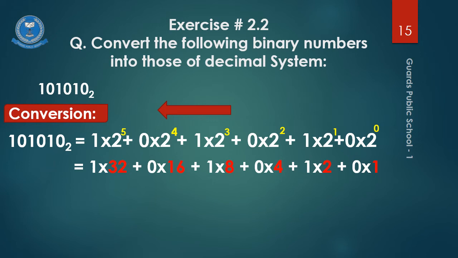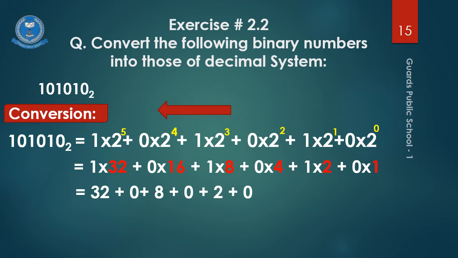Now in the next step we will multiply these numbers. So 1 multiplying with 32 gives you 32. 0 multiplied with 16 gives you 0. 1 multiplied with 8 gives you 8, plus 0 multiplied with 4 gives you 0, plus 1 multiplied by 2 gives 2, plus 0 multiplied by 1 gives you 0.